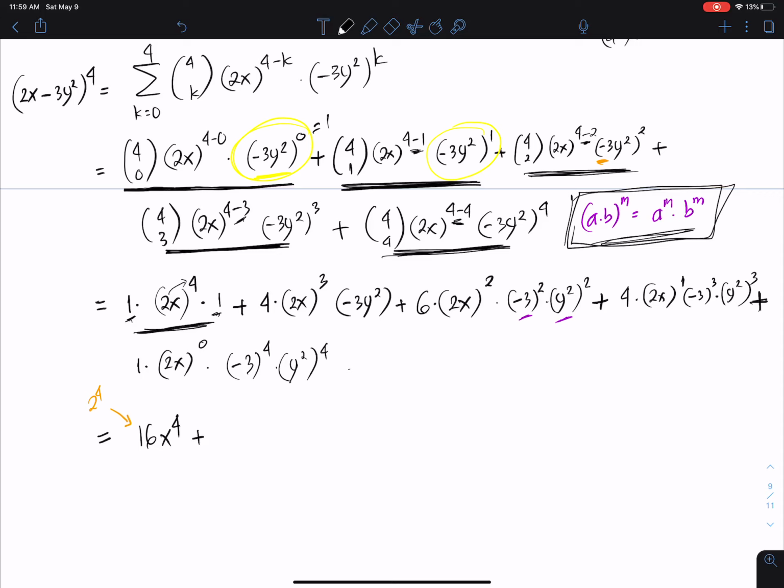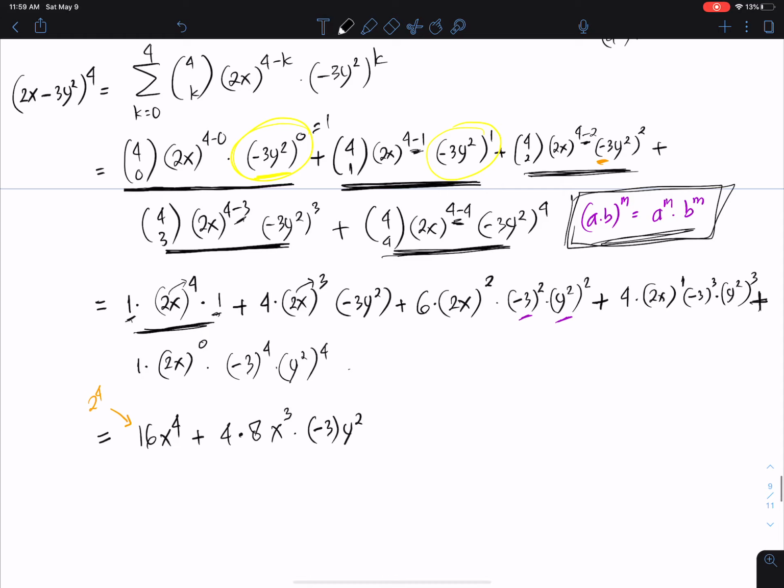Plus, over here we get 4 times 2 to the power of 3. So 2 to the power of 3 is 8 times x to the power of 3. Okay, times minus 3 times y squared.